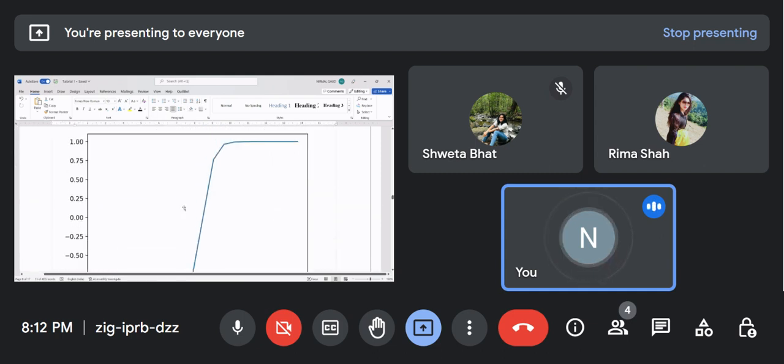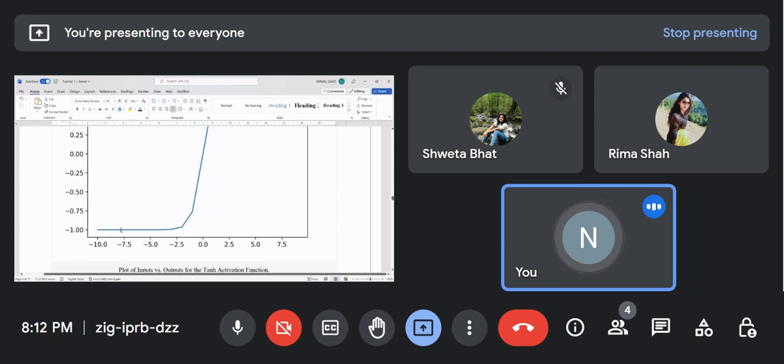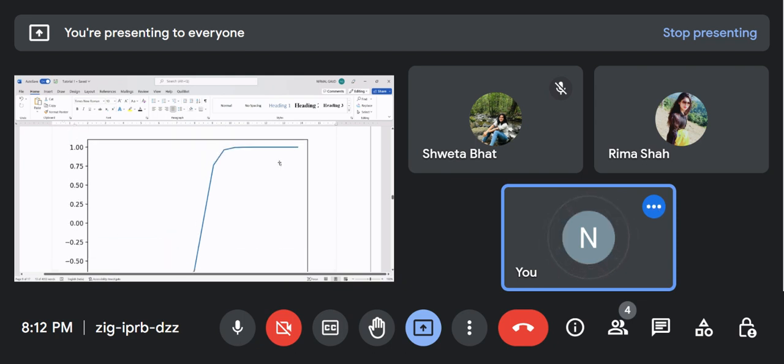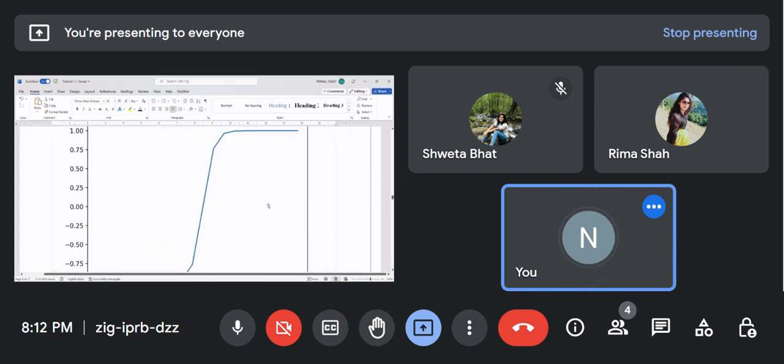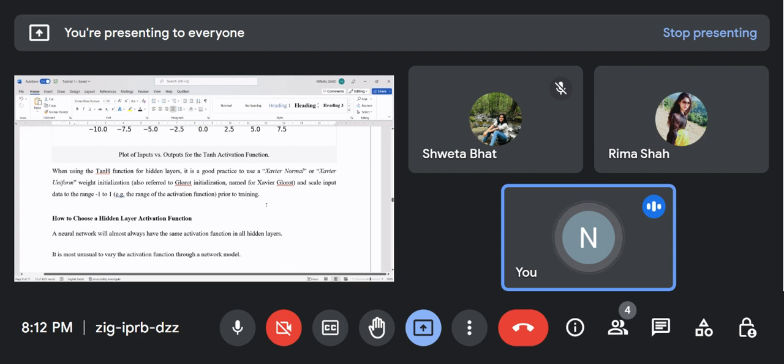It's just like an S again. Whenever we have some expression in e to the power x or e to the power -x, obviously you will get such a kind of curve. So this is your hyperbolic tan curve. These three functions are the basic functions which we use in our model in deep learning.